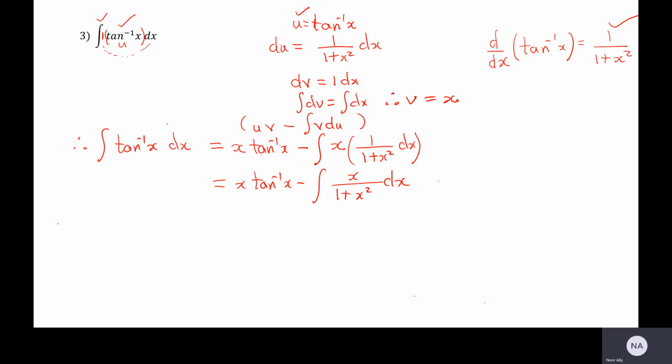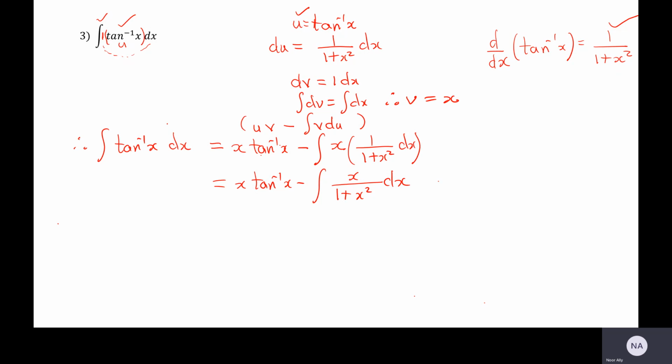What is the integral of x over 1 plus x squared dx? Follow the simplified approach. In other words, is that a simple, straightforward, standard integral? No, it isn't.